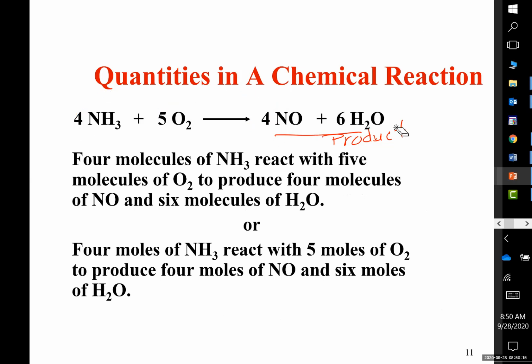in this chemical reaction, do you see there are coefficients here? These coefficients show the number of molecules that need to be reacting together to form the number of molecules of product.